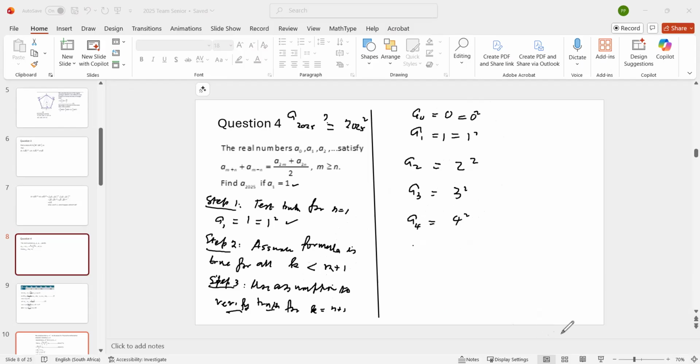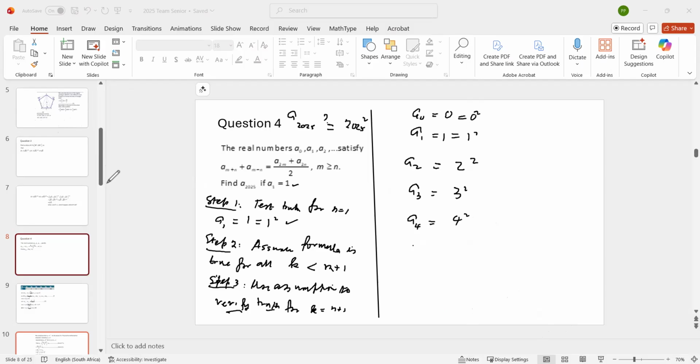So each time, the truth of the formula for all values less than a certain amount establishes the truth for that particular amount. This way you can go all the way for every possible n. And just using this little trick, it's a very useful trick to prove things.